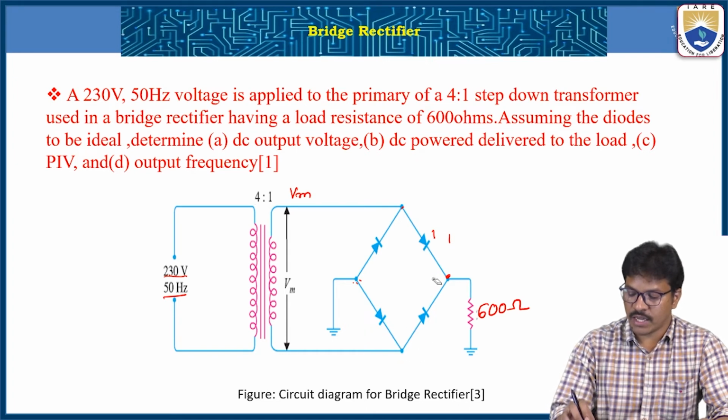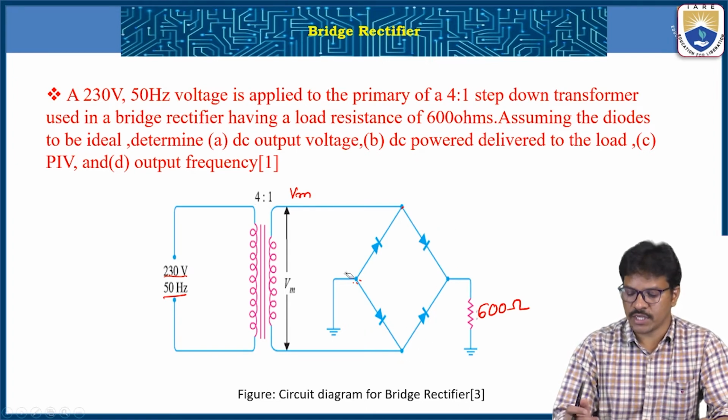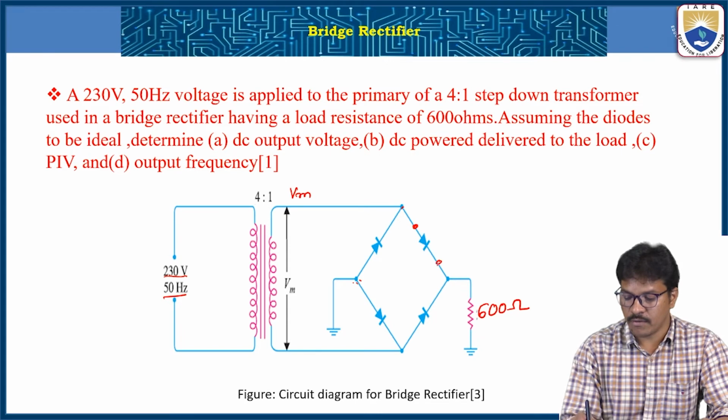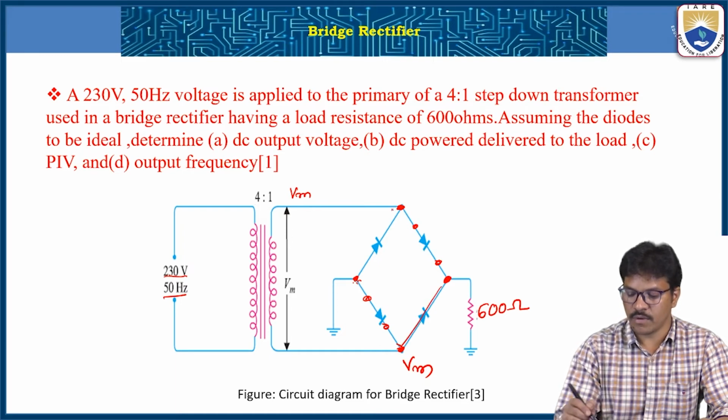For example, during the other cycle, these two are open circuit. Whenever these two are open circuit, the Vm voltage is here, and if it is short circuit, the same Vm voltage with respect to ground.